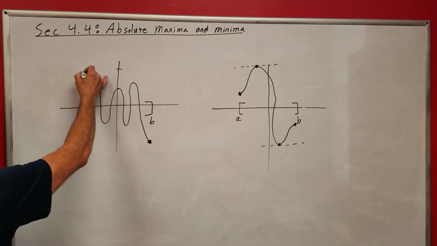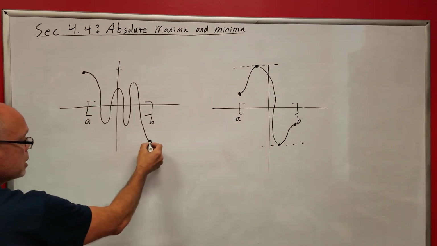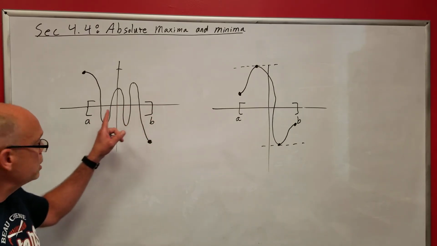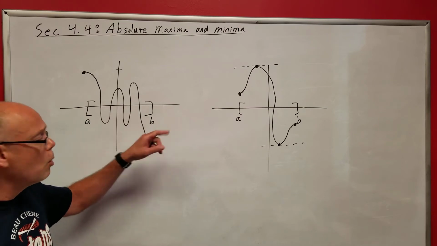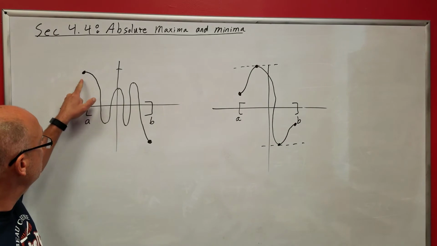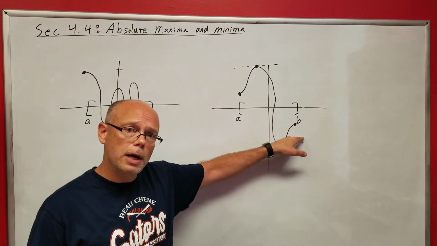Here, where did my maximum occur? It occurred at this endpoint, right? Here, where did my absolute min occur? At the endpoint. So if I have a continuous function on a closed interval, where's my absolute max and min going to occur? At the endpoints or at the critical points, okay?